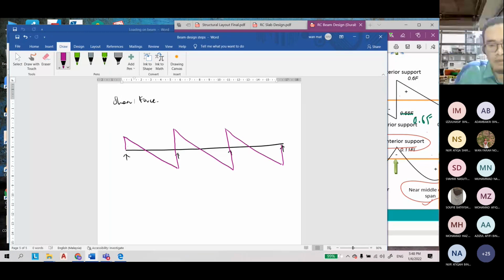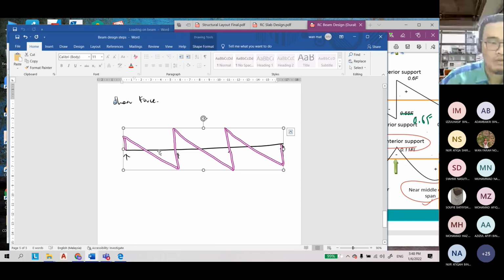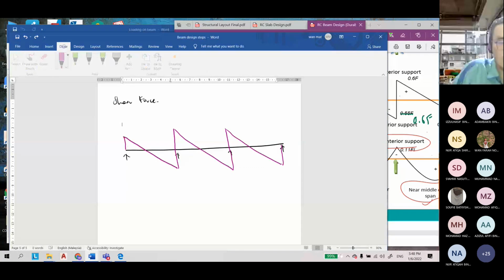So the shear force here is V at the support.